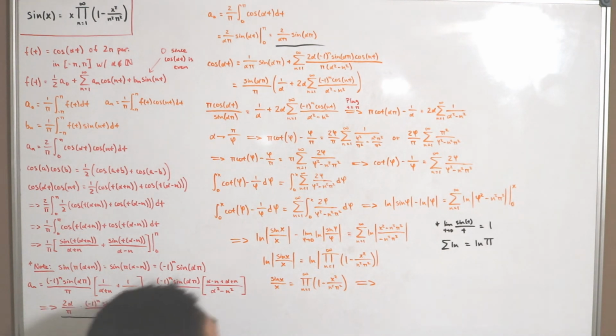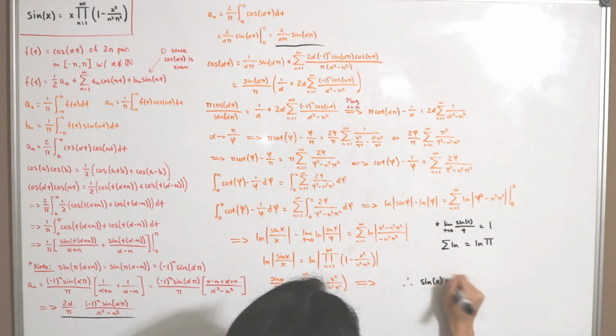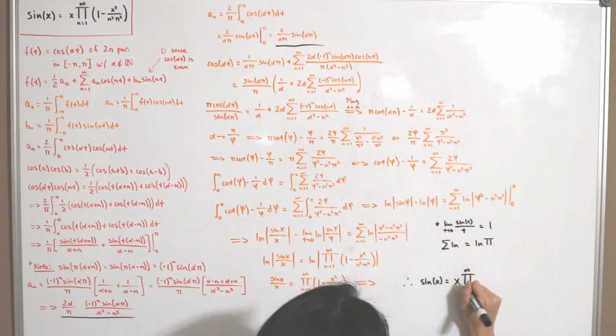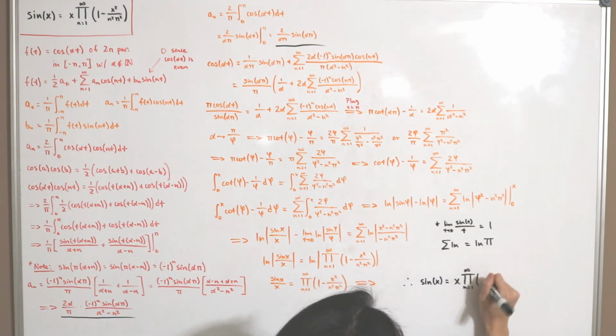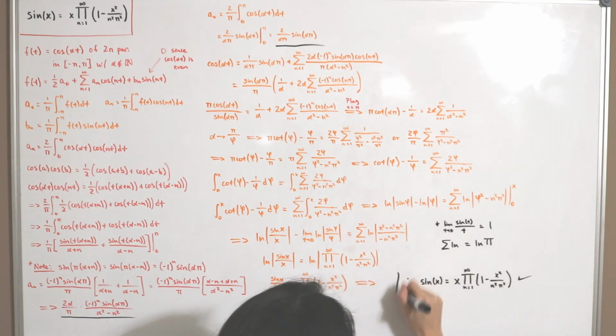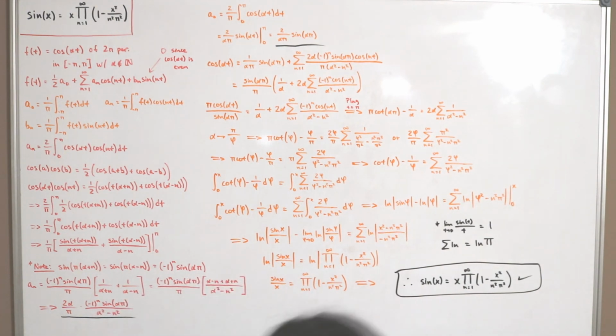You just multiply x to both sides and get to the conclusion that indeed sine of x is equal to x multiplied by this infinite product of 1 minus x squared divided by n squared pi squared, like so. Put a check. And there we have it. Alright, that's pretty cool if you ask me.